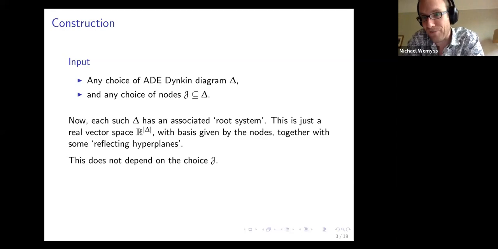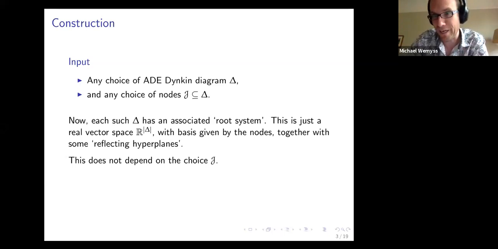The basis is just formally given by the nodes. If I choose E6, I'm going to be inside R^6. If I choose E8, I'm going to be inside R^8. So the dimension of the vector space is the number of nodes in my graph. And the key thing from Lie theory is that there's additional information inside this vector space called reflecting hyperplanes.